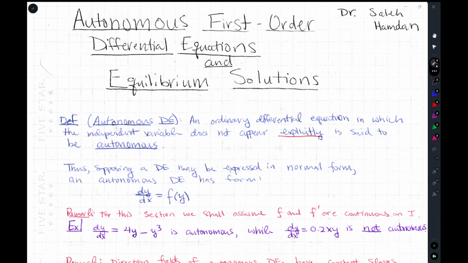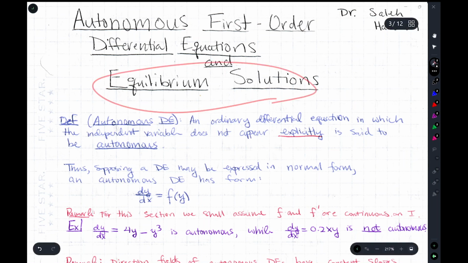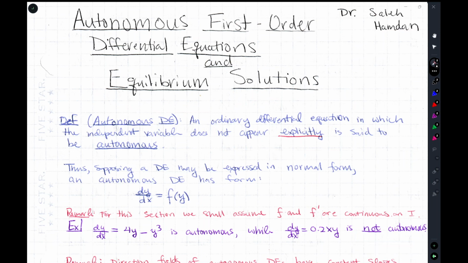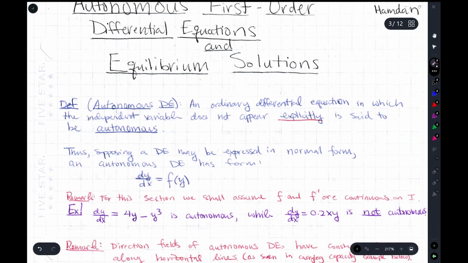So many systems are modeled with autonomous first-order differential equations. And their equilibrium solutions are generally seen as horizontal lines, places where the slope is zero, on their direction field. So let's investigate what we mean by all of this further.